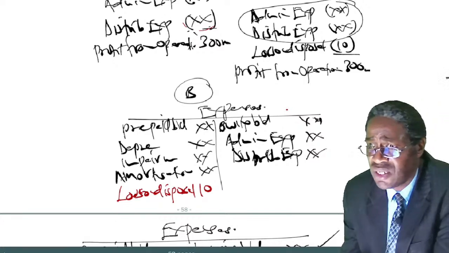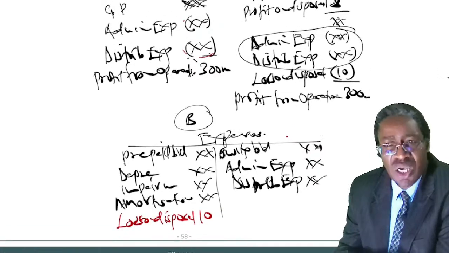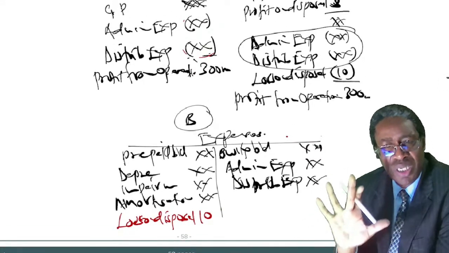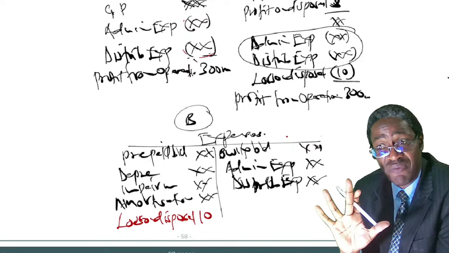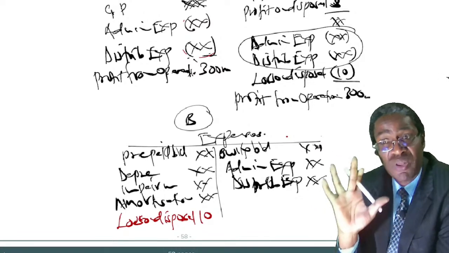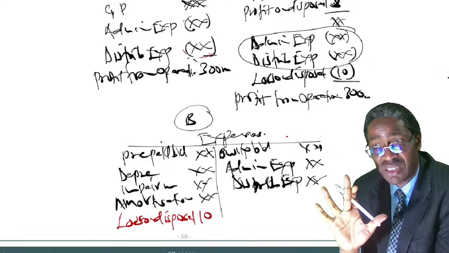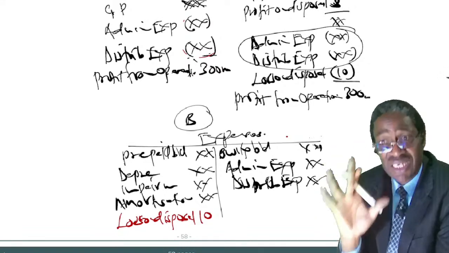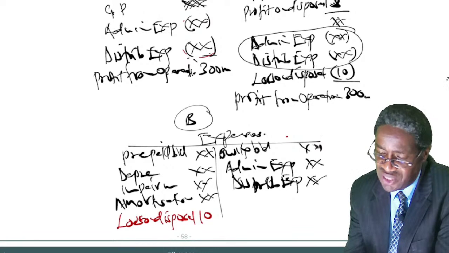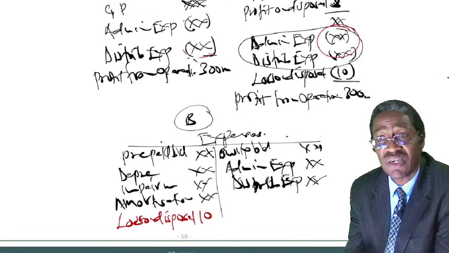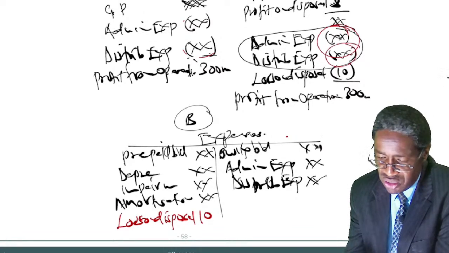What are we looking for? Listen carefully. What are we looking for? We are looking for cash paid. We are looking for cash paid for services rendered. Which are these services? Whatever you got here as admin and distribution.